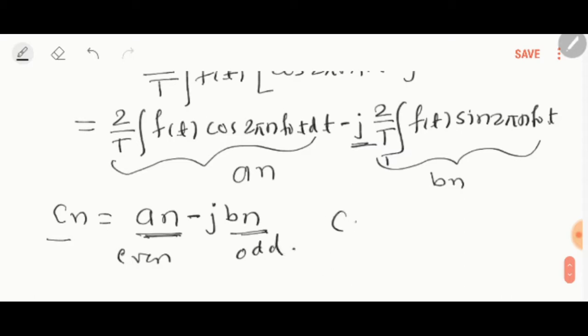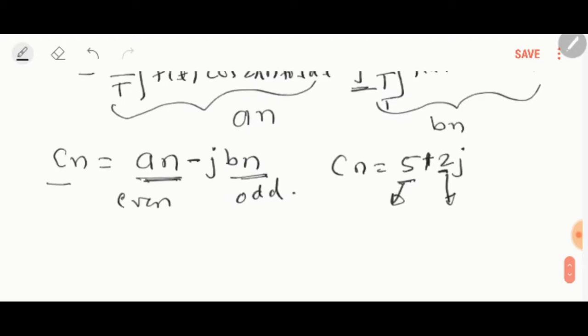So if suppose cn is 5 plus 2j, we can easily say by observation that 5 is the even component inside f(t) and 2 is the odd component inside f(t). So instead of getting added, these even and odd components are separated.